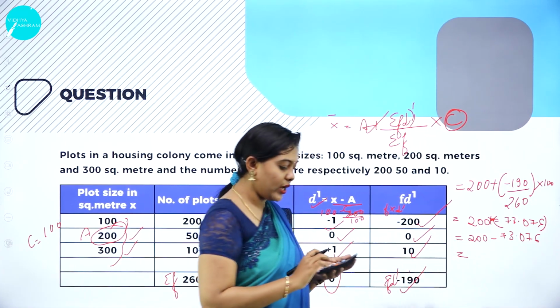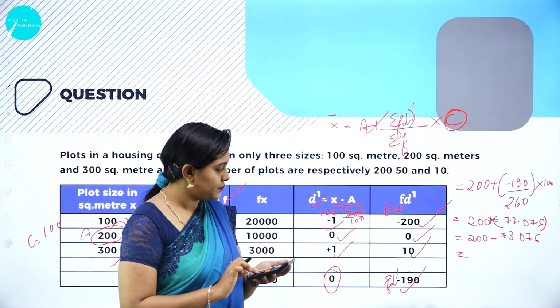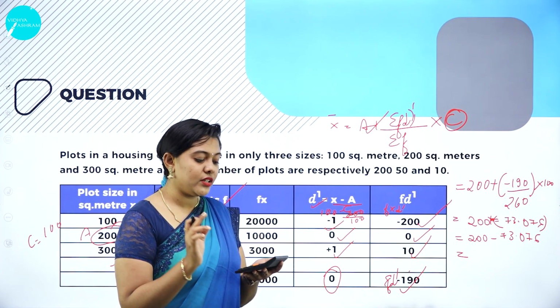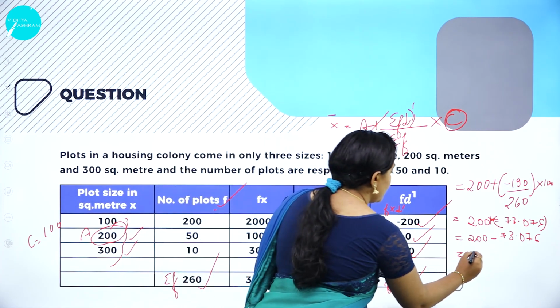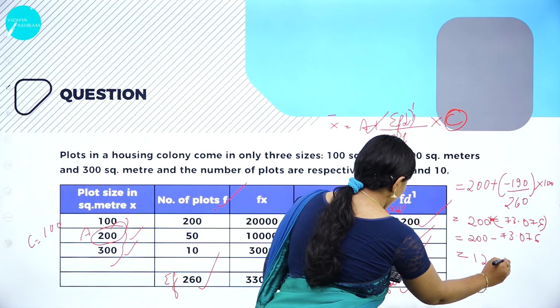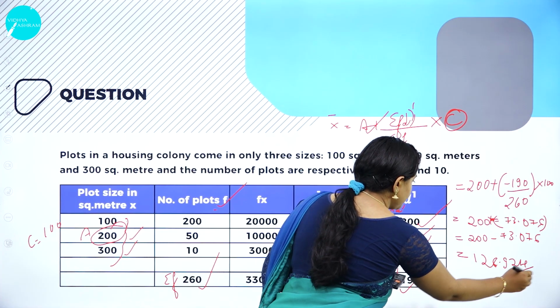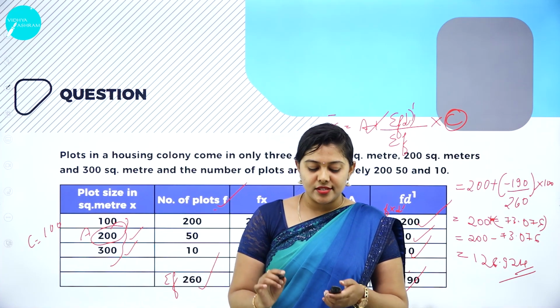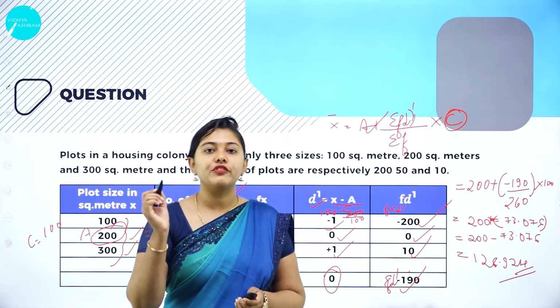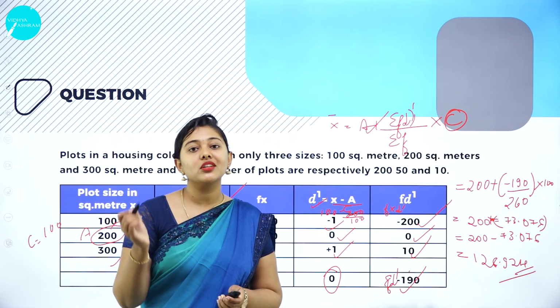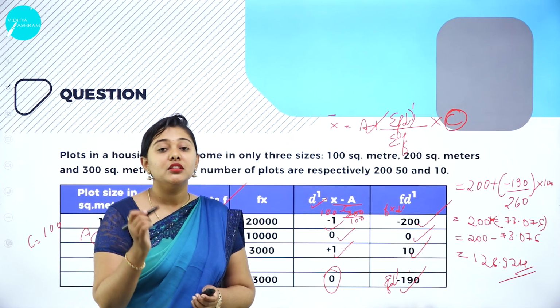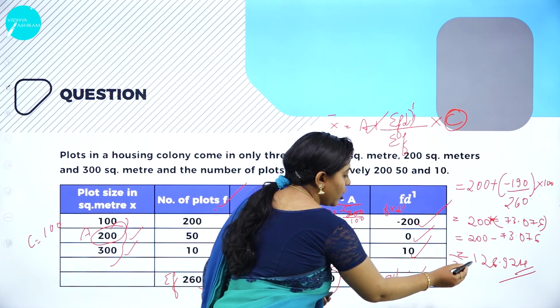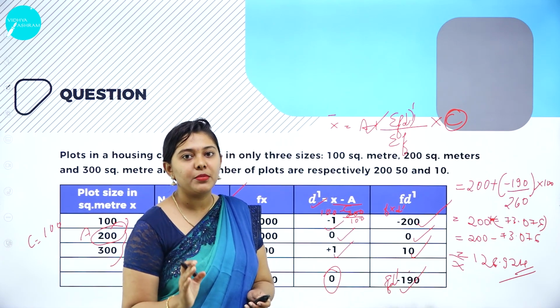Then the value you get is 126.924. Whichever method you use, the answer will be similar. If you use the direct method, the assumed mean method or the step deviation method, the answer you get for your mean computation will be similar.